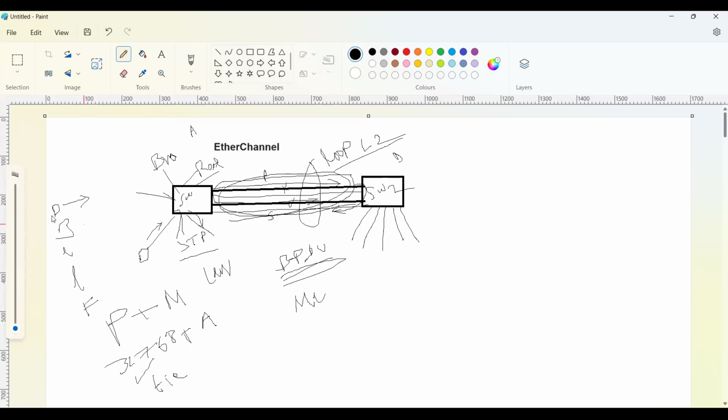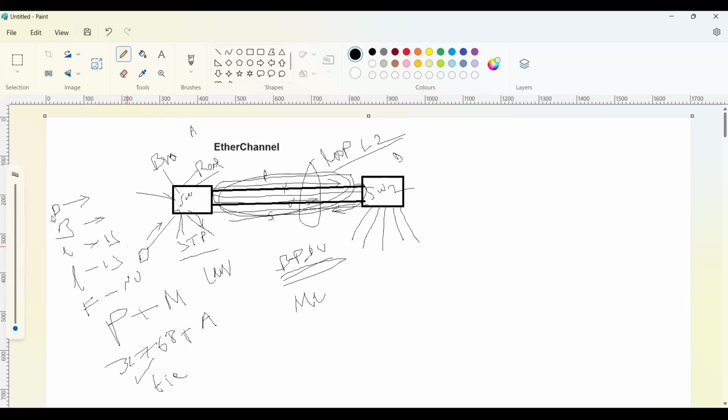Then it moves to the blocking state. Blocking lasts milliseconds, then it moves to listening, which takes 15 seconds, then learning for 15 seconds, and forwarding has no time limit.